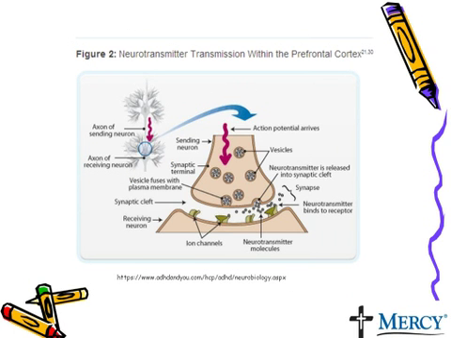The next slide shows a picture of the connection between two nerves. The nerves are the kind of tan parts that you see, and there's a little space there where the arrow says synaptic cleft. Between the nerve cells in that synaptic cleft, there are the neurotransmitters, the dopamine, the norepinephrine.